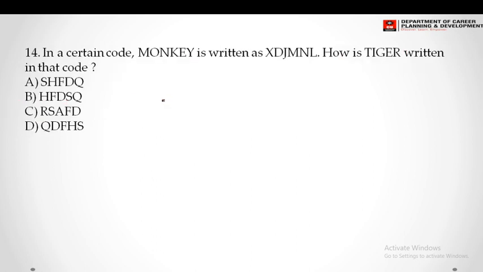Next one is, a certain code, monkey is written in this form. So M to X, O to D, there is no such logic. So if we start from first to last one, M becomes L, which means minus 1, then O is N, again minus 1, this is again minus 1, then N is M, this is minus 1.